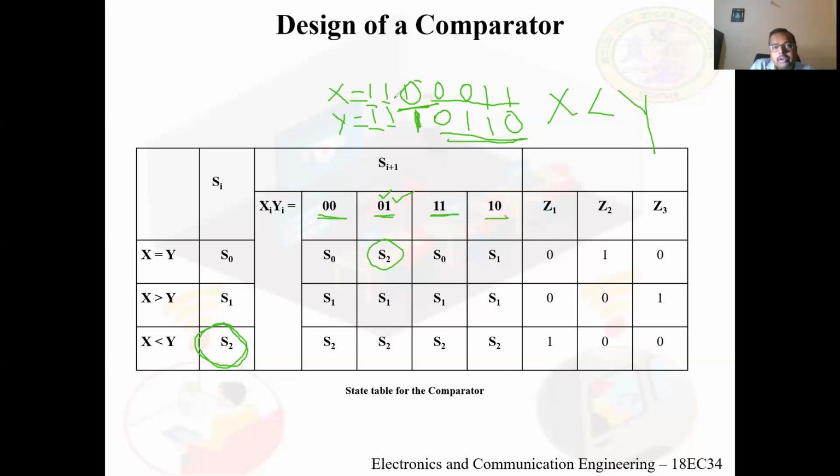As we know, since the most significant bit here is 0 and 1, and since X is 0 and Y is 1, the result will always be X is less than Y. So the previous state, irrespective of the lower bits, whether it is 0, 0, 0, 1, 1, 1 or 1, 0, the next state is always equal to S2, and S2 if the present state is already S2. And what is the comparison result for this one? Now Z1 will be set to 1 for this.